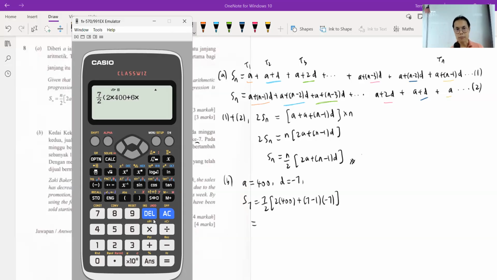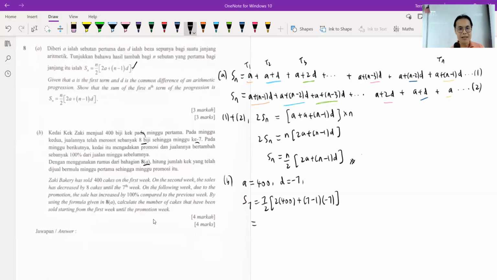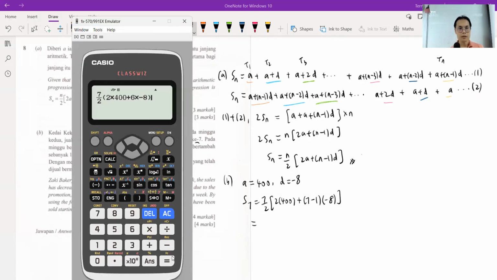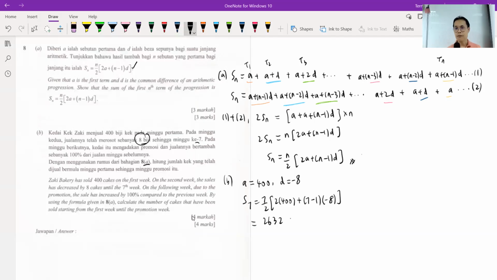Okay, I think I wrote wrong here. My d, 8 biji, is -8, sorry. So we have to times -8. This will be 2632. So this is the first seven weeks.